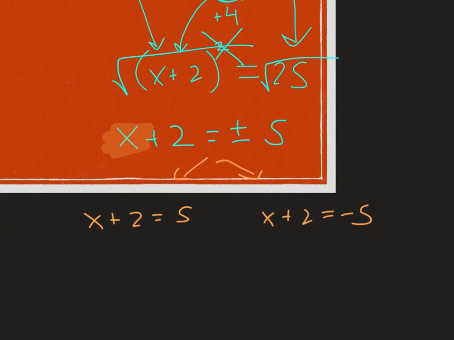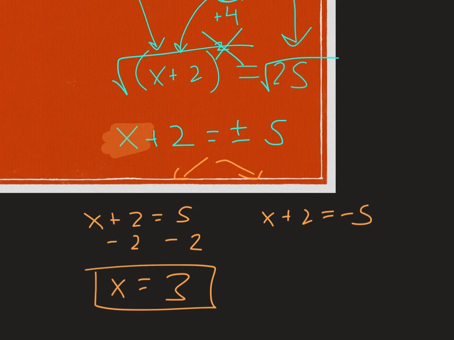So how do I solve for x in my left equation over here? How do I get that x all by itself? I want to move that 2 to the other side, so I subtract 2. So x is equal to, what's 5 minus 2? 3.